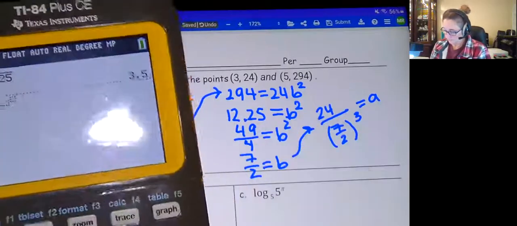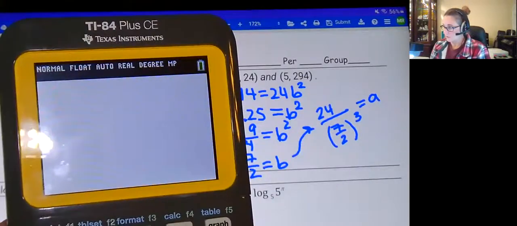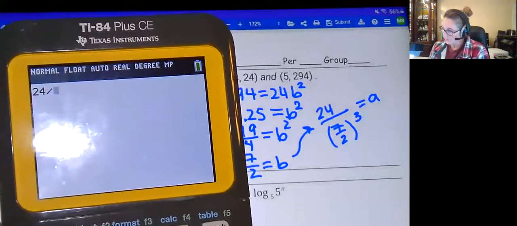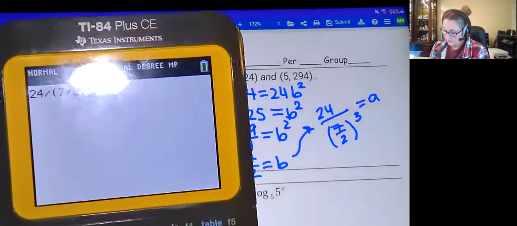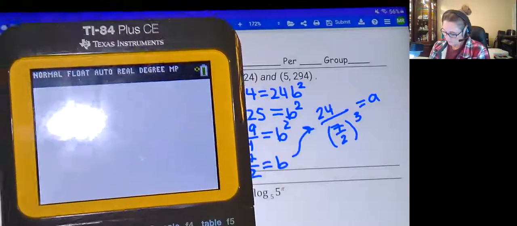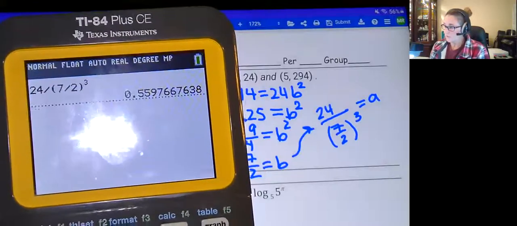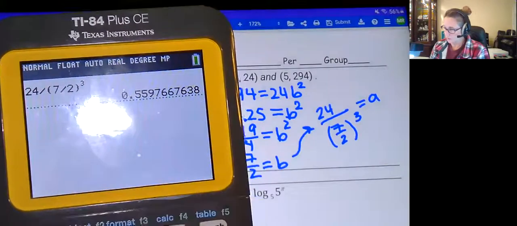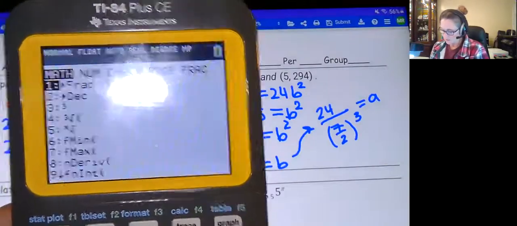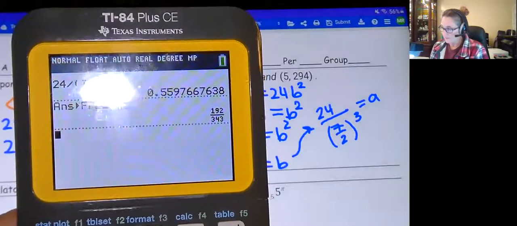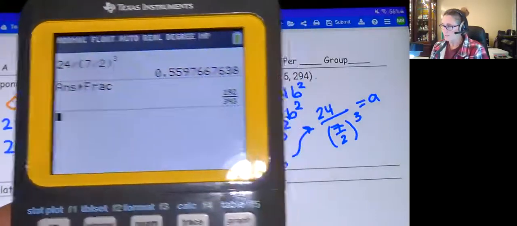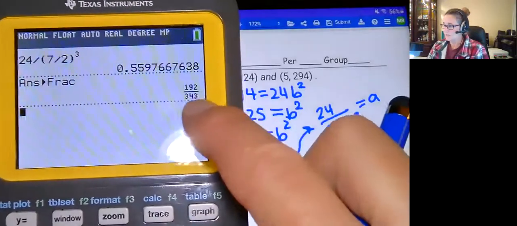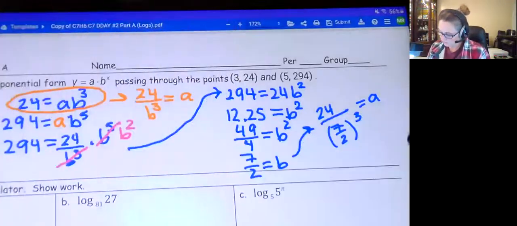Okay, so I am going to take 24 divided by 7/2 raised to the third power. You see, I'm getting something that doesn't look so nice, but if I hit math and fraction, it ends up being maybe not something beautiful, but it is a decent fraction.